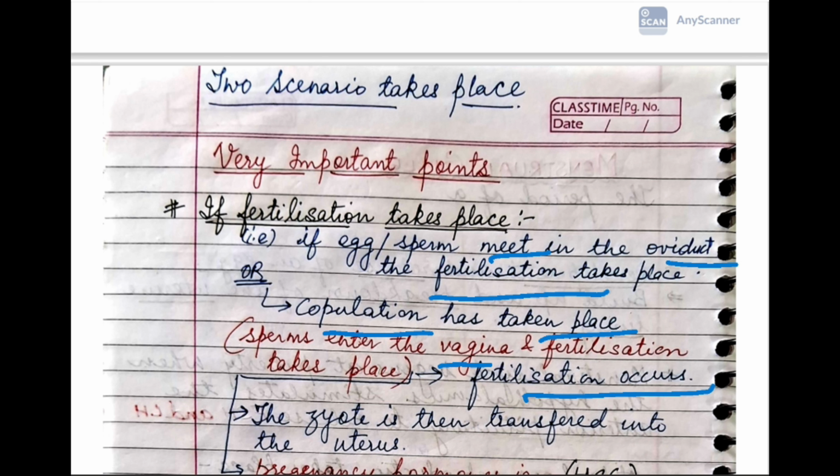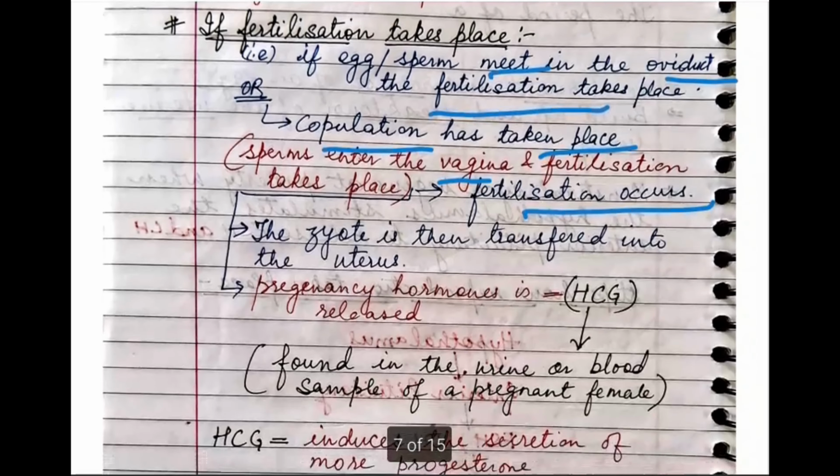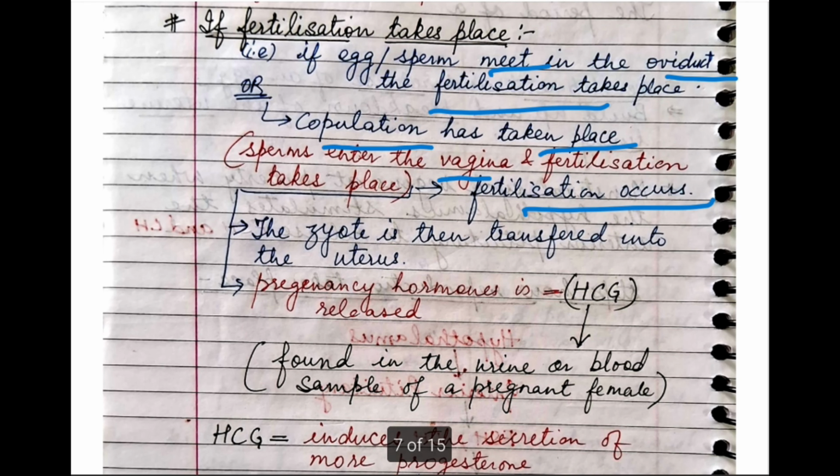Then the zygote is transferred to the uterus, and the pregnancy hormone is released, that is HCG. It is known as the pregnancy hormone.